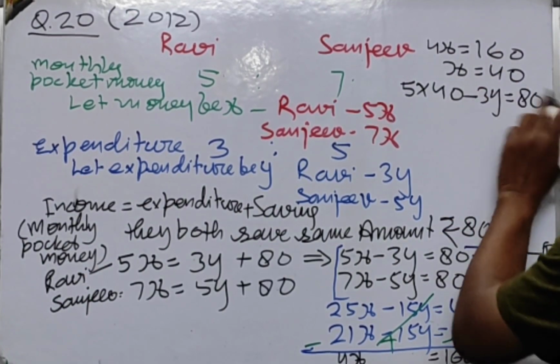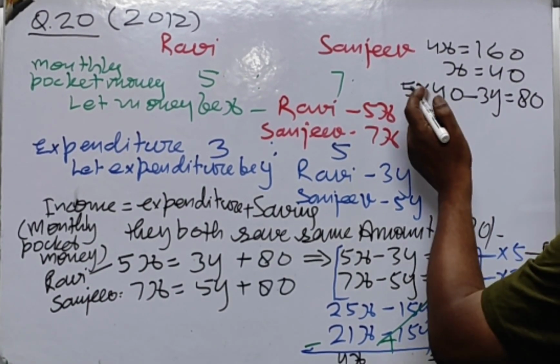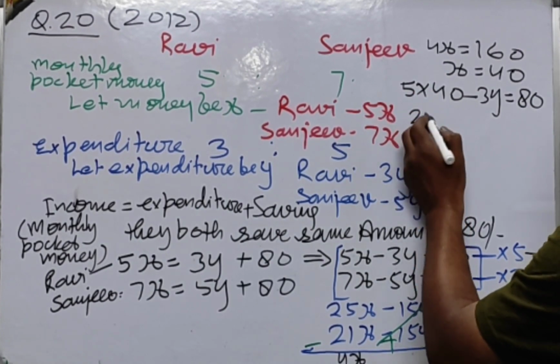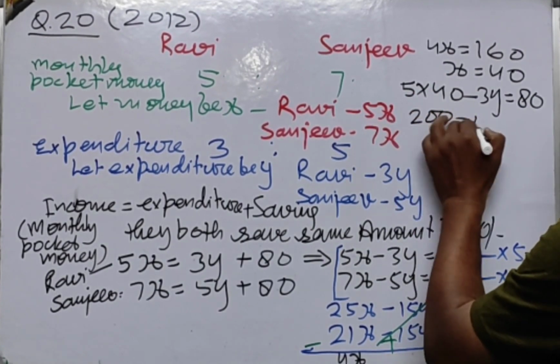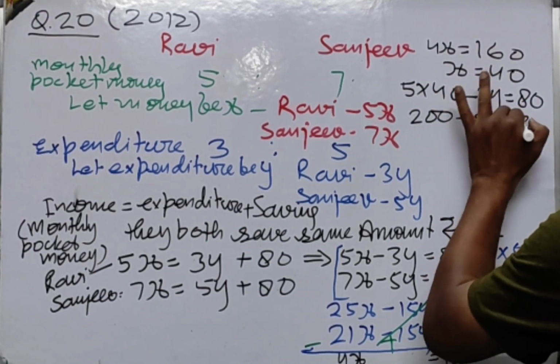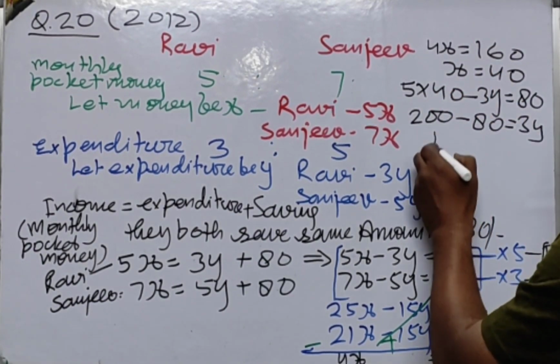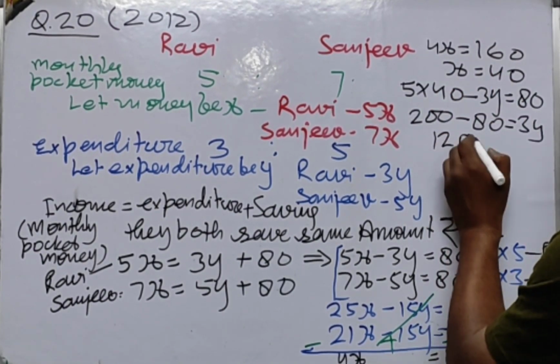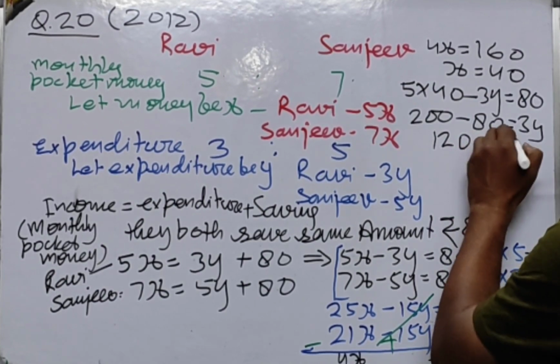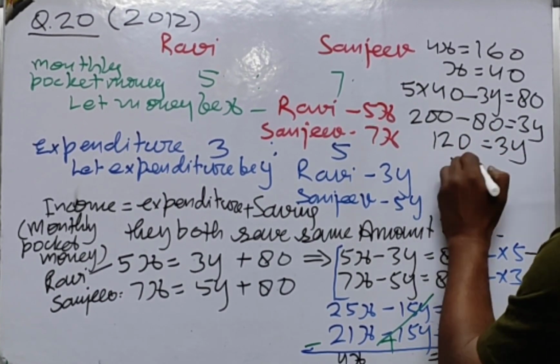Now bring 3y on this side and 80 on the other side. So it becomes 200 minus 80 is equal to 3y, so 120 is equal to 3y. So y is equal to 40. Is it correct?